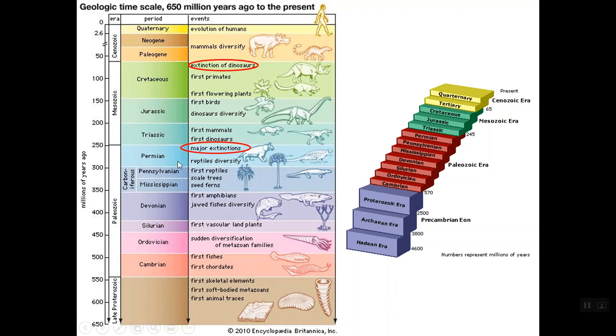And so we have talked about the Permian extinction event, the Great Dying, and the Cretaceous extinction, which is the extinction of big dinosaurs, about 65 million years ago. Okay, this is just a different representation for you.